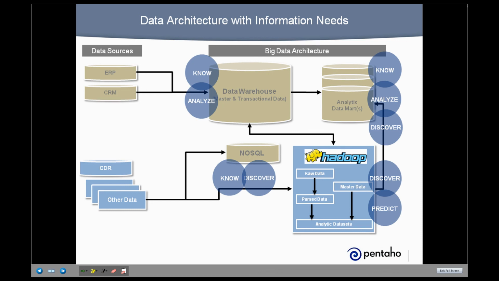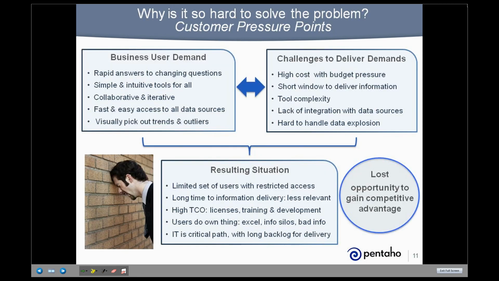But for now, it's more oriented around discovering new sets of data and trying to find some important facts that you may want to pull into an analytical data mart for analytics. But that is a process step. That is not something that you just do as part of it. And then prediction, obviously, with the R Revolution language, Mahout, and also Weka and Pentaho data integration, you can do a lot of prediction engines and mechanisms on Hadoop as part of MapReduce.